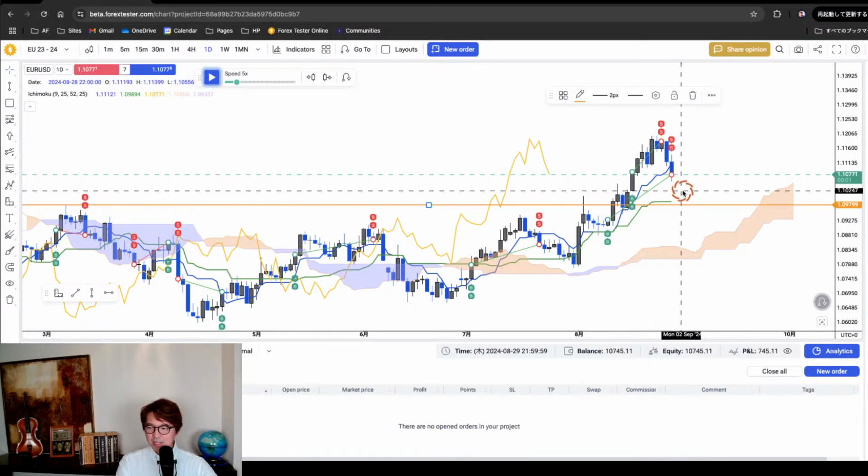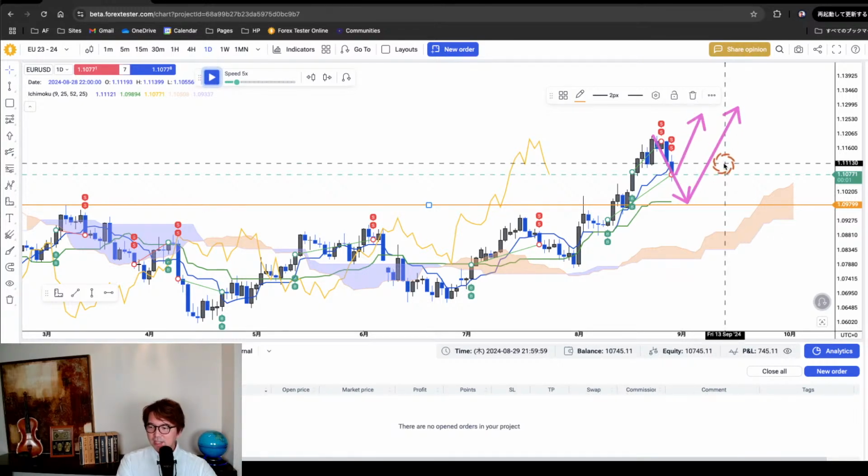The price may come down this way, then bounce and go up. Or simply the market may go up from here this way. So with these scenarios in your mind, you continue to backtest along the way.